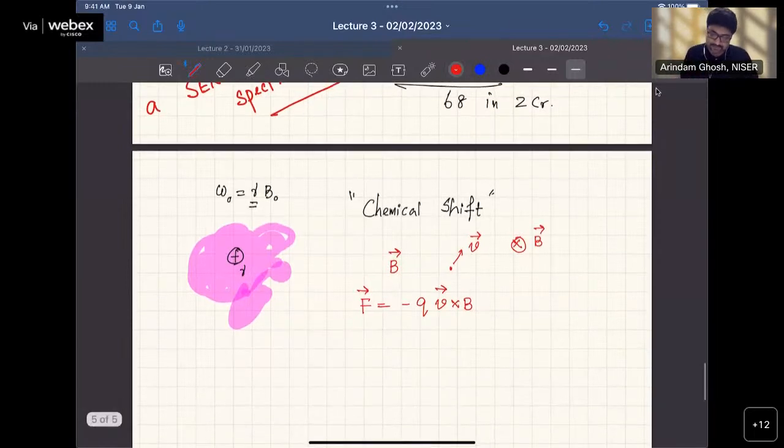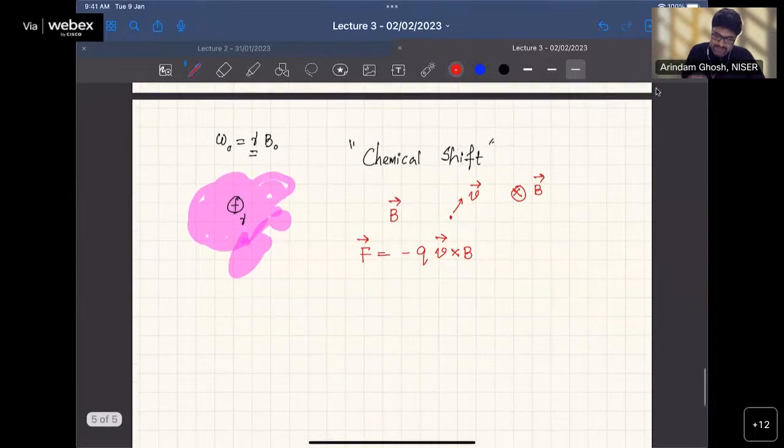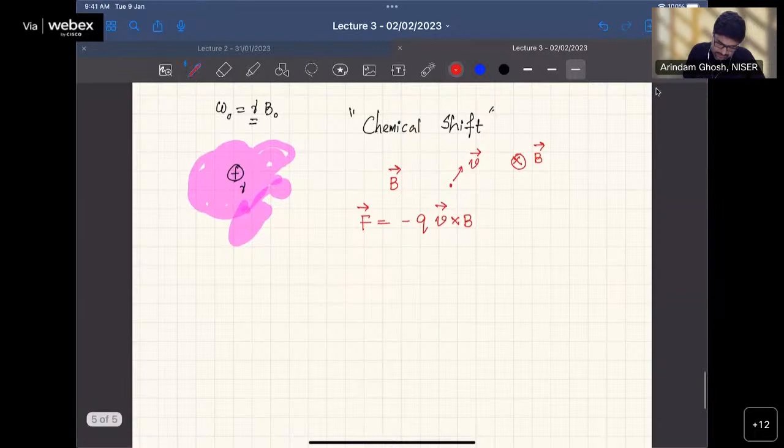Now we have this particular thing V cross B, but then you have a minus because it is a negative charge. So the moment it starts rotating, it will be something like this. We have this nucleus, some plus charge, plus Z. You have an electron that has started moving with V, right?